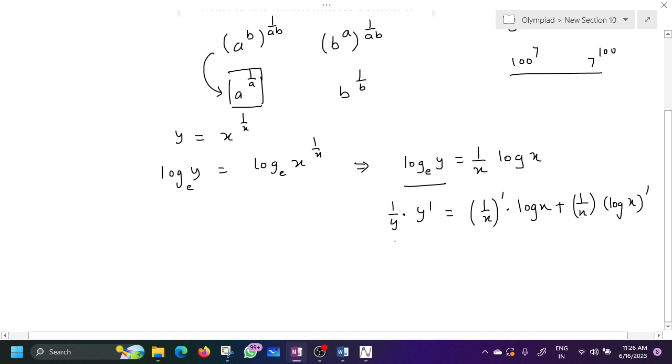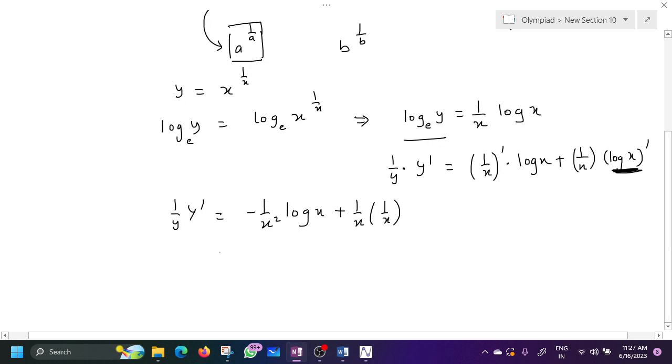So we have used the product rule, simple product rule. So now we are getting 1 by y times y dash is equal to, now derivative of 1 by x is minus 1 by x square, times log x, and plus 1 by x, and derivative of log x is 1 by x.